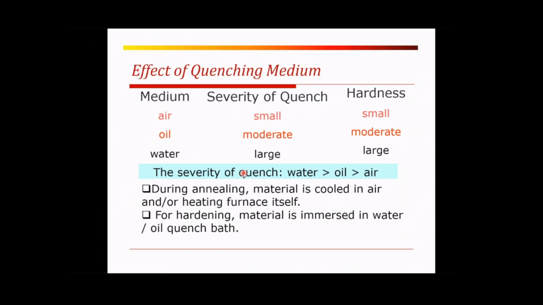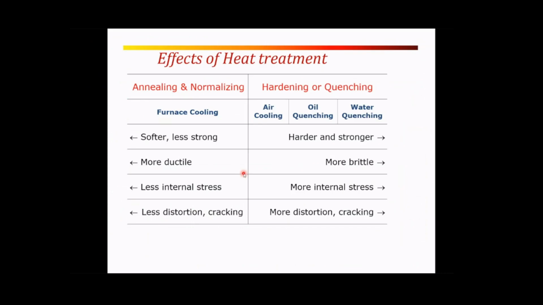That is the annealing process. But in the hardening process, the material is immersed in water, cooling oil, or a cooled liquid bath. That is the hardening method.